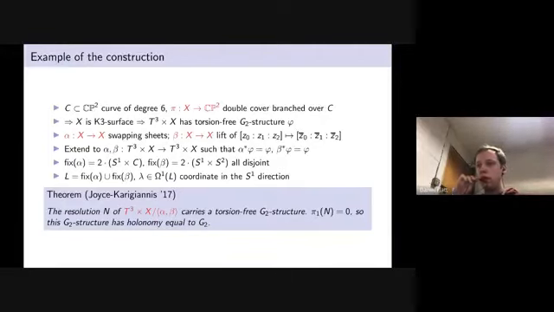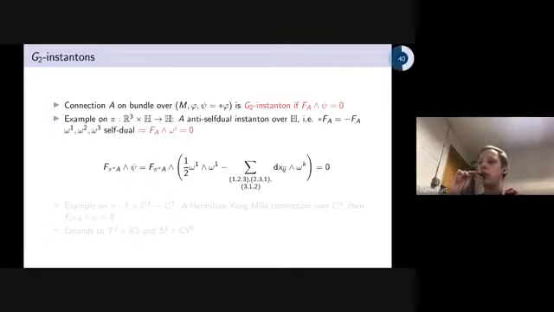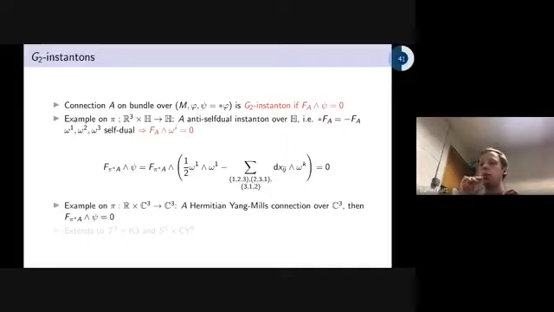Okay, that's good. Then let me tell you about instantons. The definition: a connection A is called an instanton if F_A wedge psi equals 0. For example, if you have an anti-self-dual instanton A, then you can check that F of pi star A wedge psi equals 0. So you get a bunch of G2 instantons by pulling back ASD instantons.